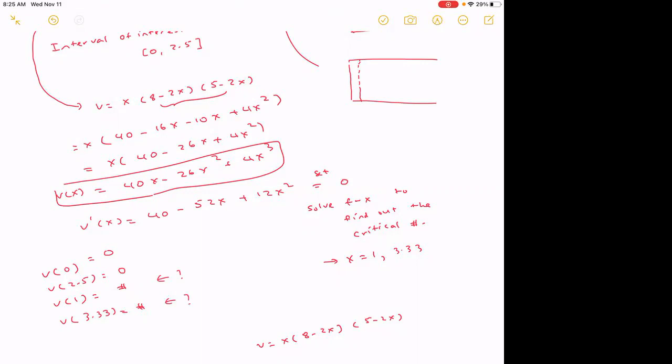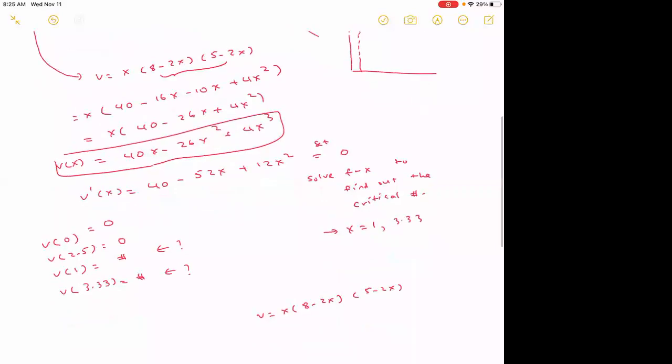Understand this? So what did we do here? First determine the length, width, and height of the box after you cut x units of each square from each corner.